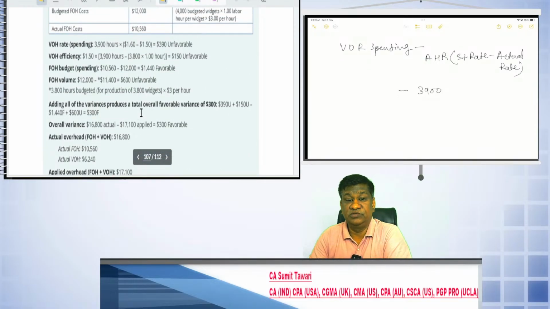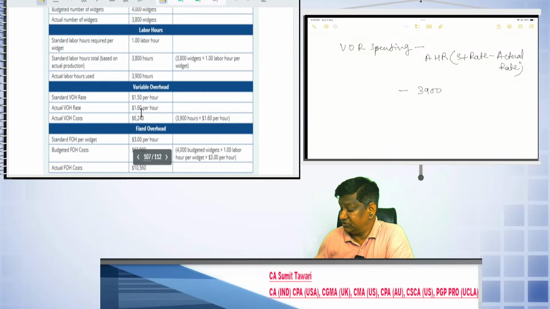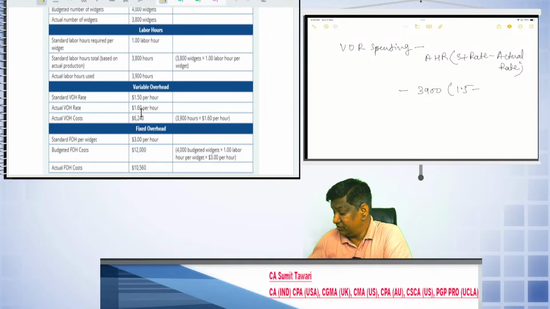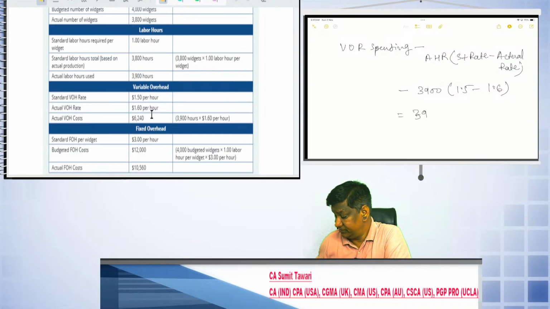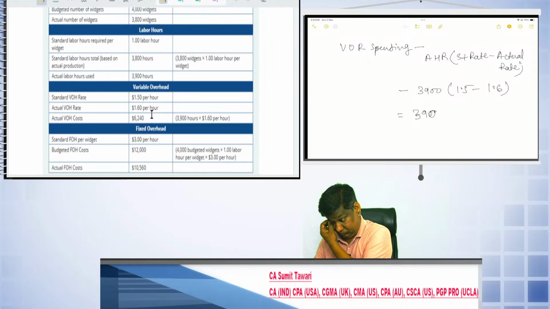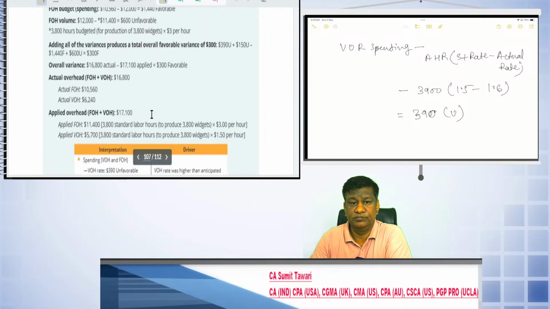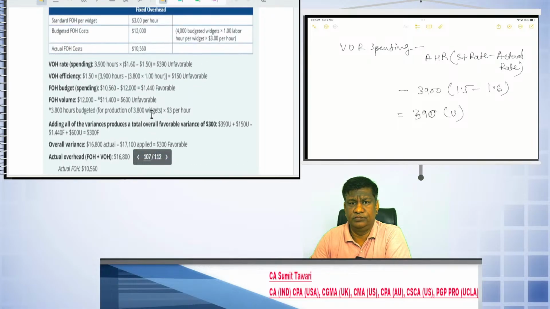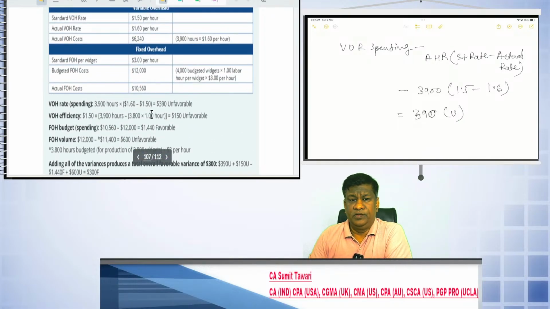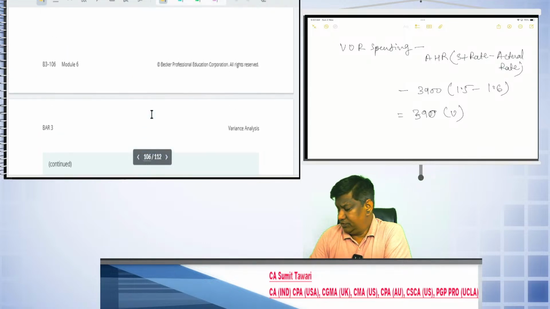Then whatever may be the standard rate, it is given, 1.5 minus 1.6. 1.5 is the standard overhead rate, and 1.6 is the actual overhead rate. So this will give 0.1, so 390 unfavorable. This is basically the spending.